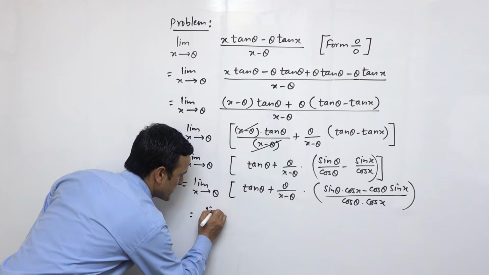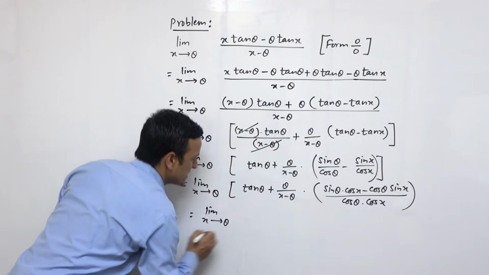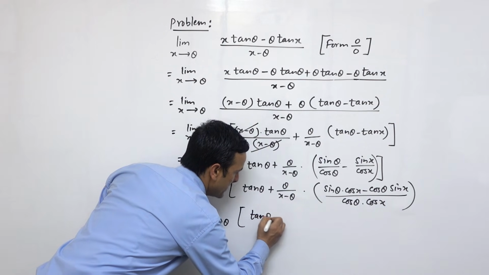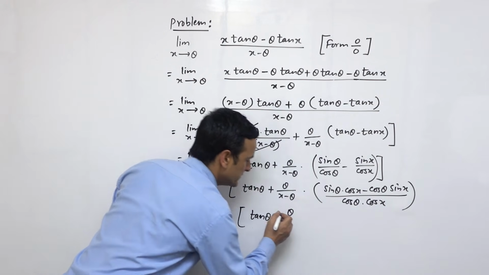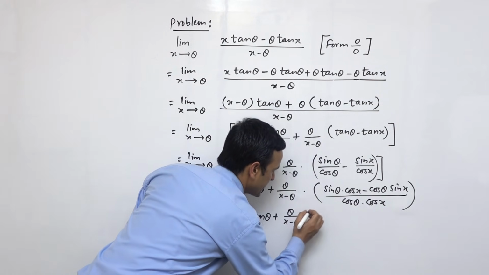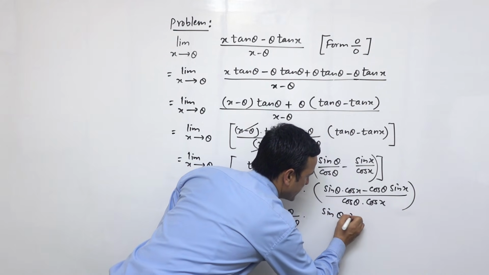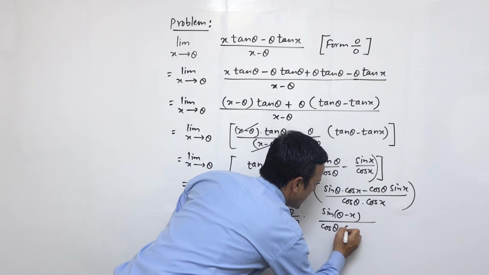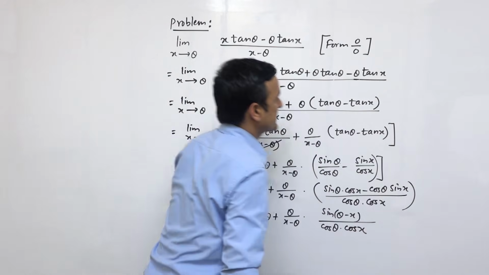So expressed like this, x tends to theta, tan theta plus theta upon x minus theta and it will be sin theta minus x whole divided by cos theta into cos x.